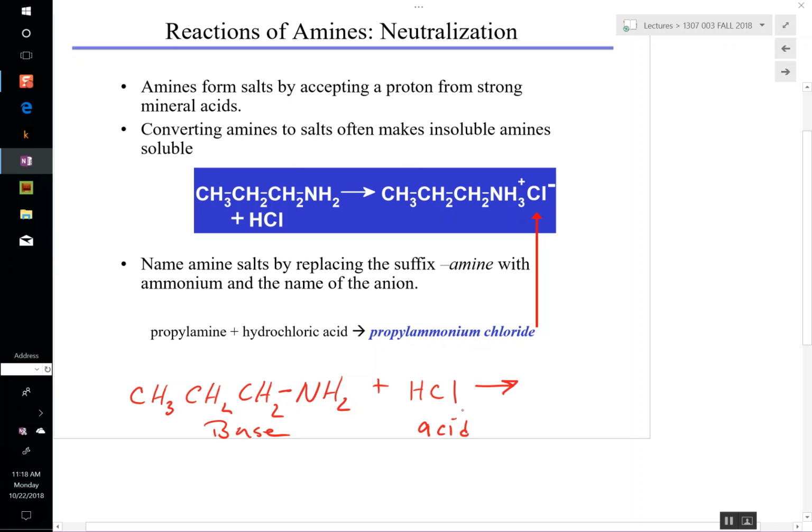And you know that general reaction, a base plus an acid forms a salt and water. That's a neutralization reaction. And why does this happen? Well, because amines are bases. And it will react with an acid. And this isn't water over here, this is HCl, but the H is going to go on here, NH3 plus, and the chloride.